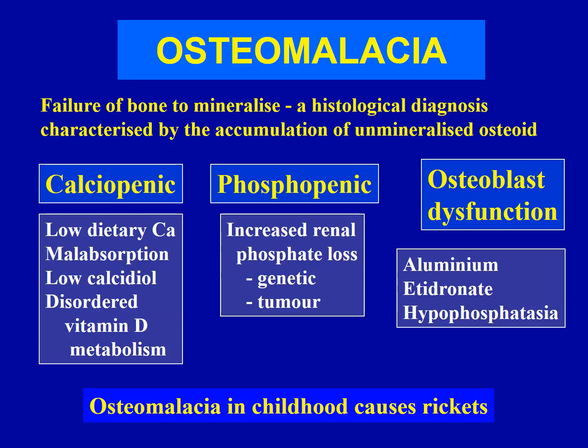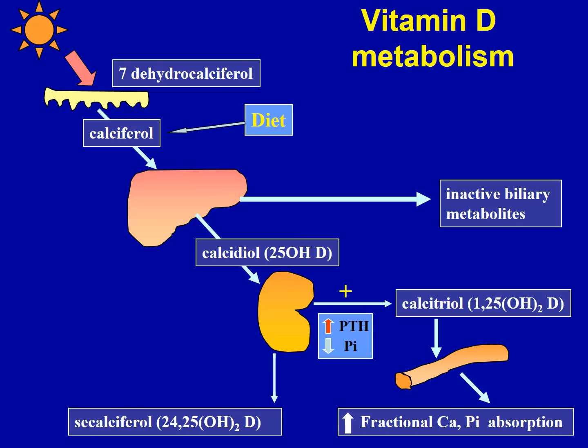One of the older bisphosphonates, etidronate, when given continuously, could also poison osteoblasts and cause osteomalacia. Rickets is the name given to osteomalacia that occurs in childhood.